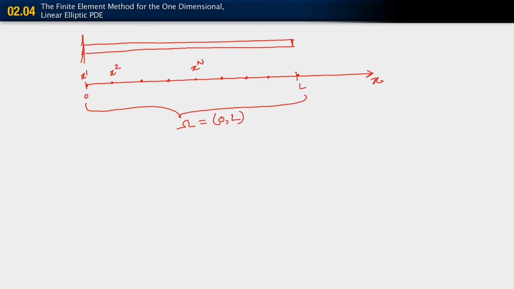Sorry, I shouldn't call that n, I'm going to use that for something else. I'm going to call this x big K, because I am going to call this very last node x sup n. Okay, or I think I'll even call it x sup number of nodes.